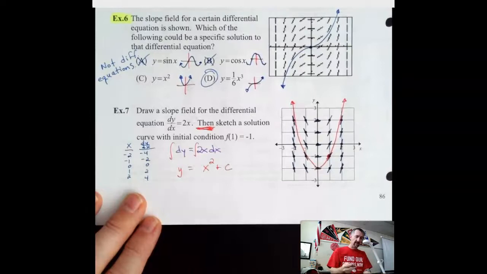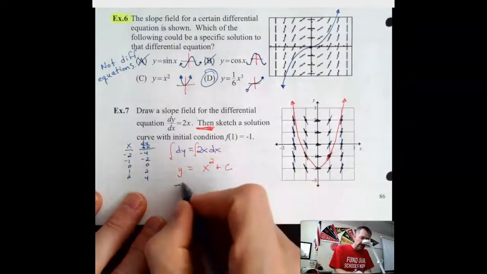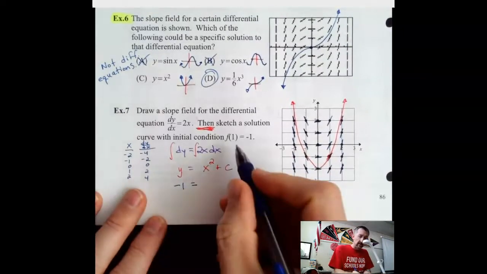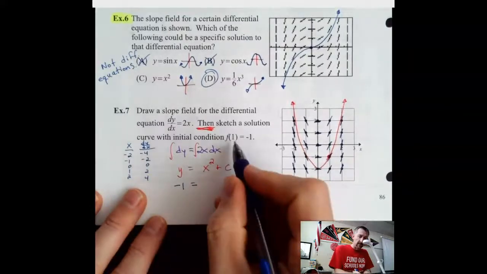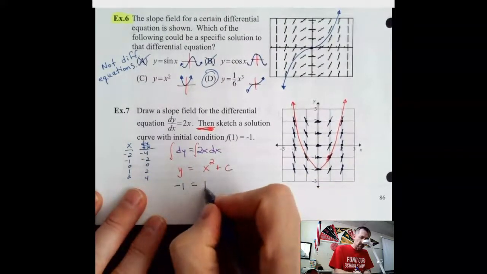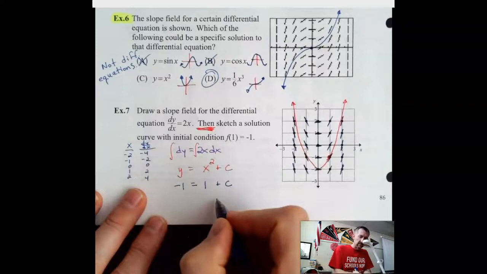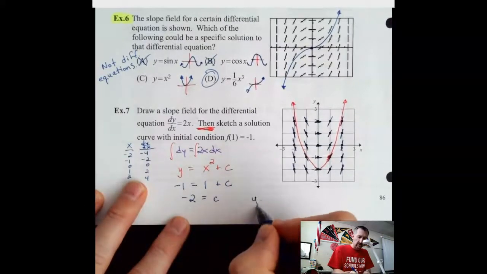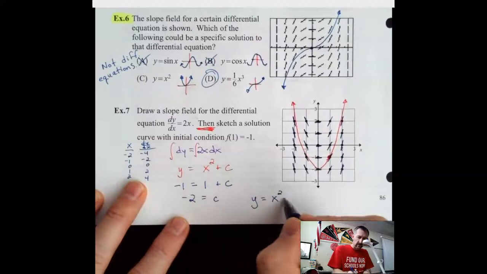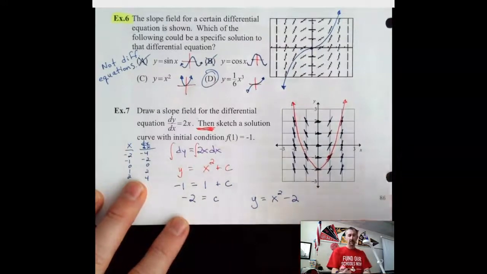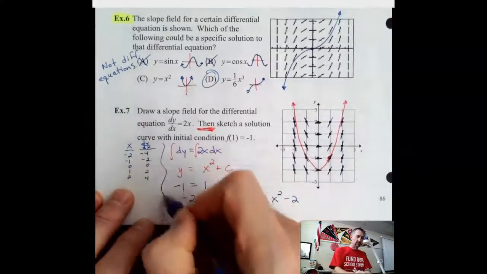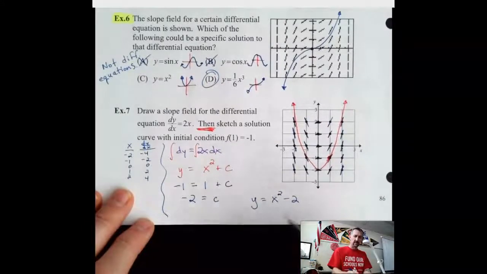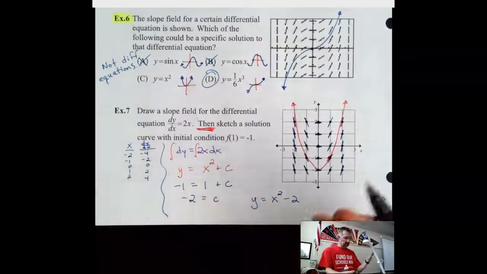And then evaluate, y is negative 1, and x is positive 1. So 1 squared is 1. So c is negative 2. So our equation is y equals x squared minus 2, which seems to match. Okay. This was not part of the question, that's just extra.